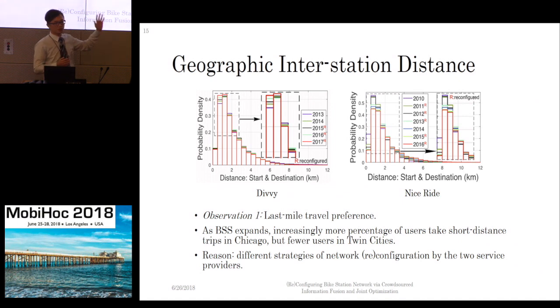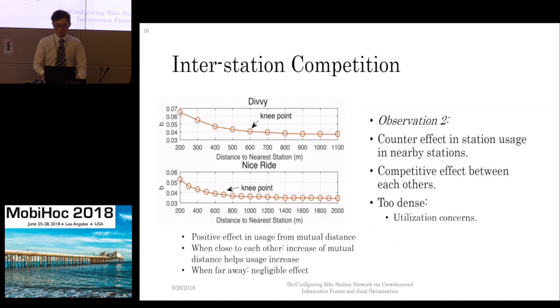Those two systems may show slightly different results, but the preference of the users is very obvious. That's why we will consider it as one of the distance bounds for the station replacement design.